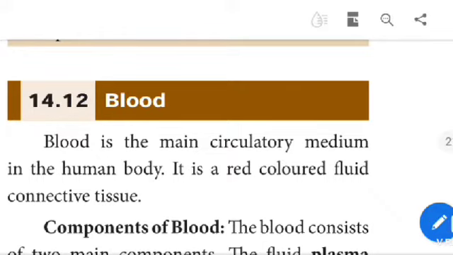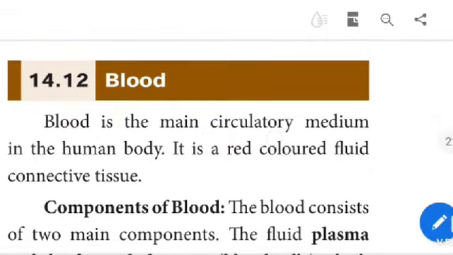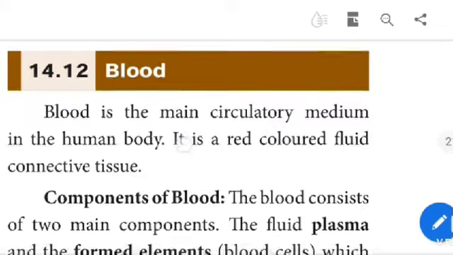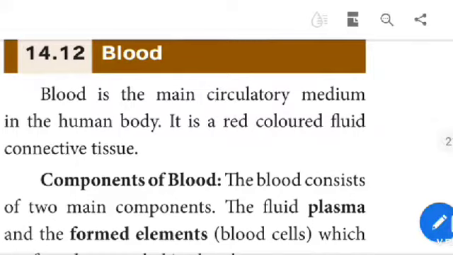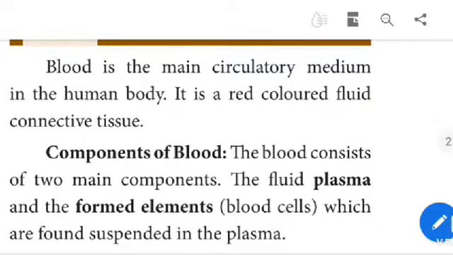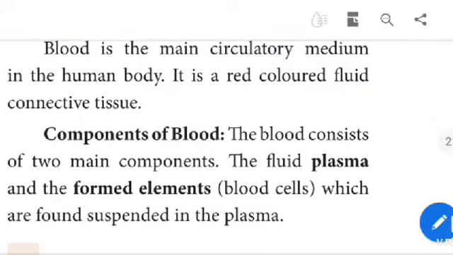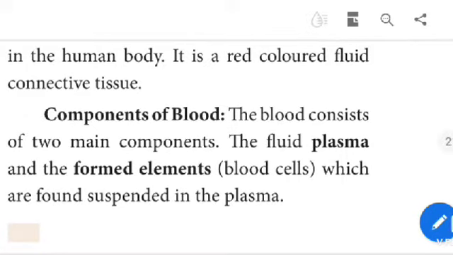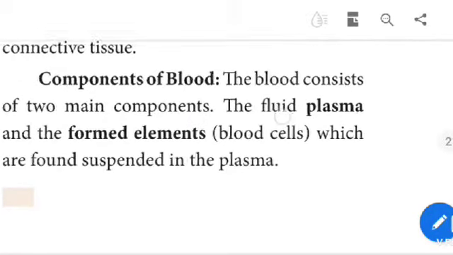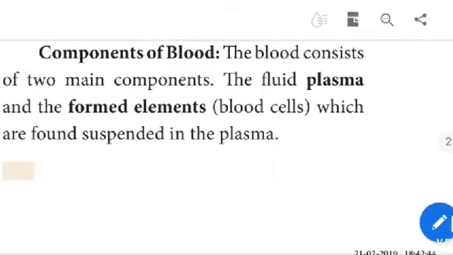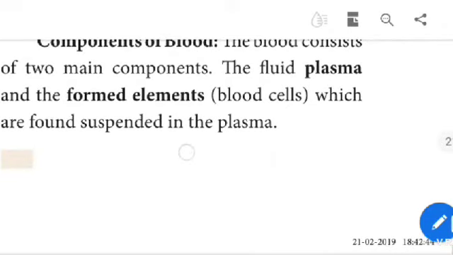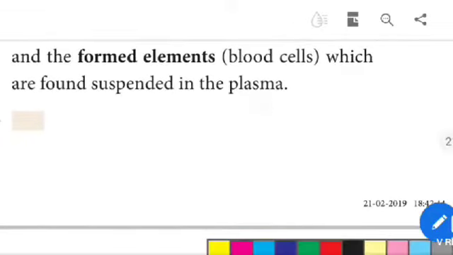Blood. Blood is the main circulatory medium in the human body. It is a red colored fluid connective tissue. Components of blood. Blood consists of two main components, the fluid plasma and the formed elements, the blood cells, which are found suspended in the plasma.